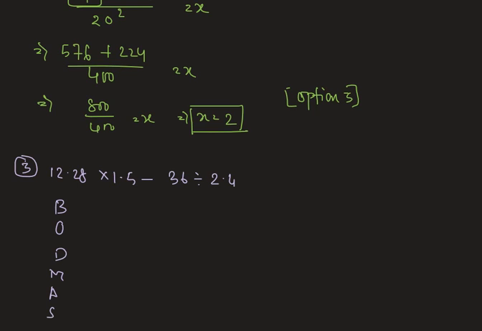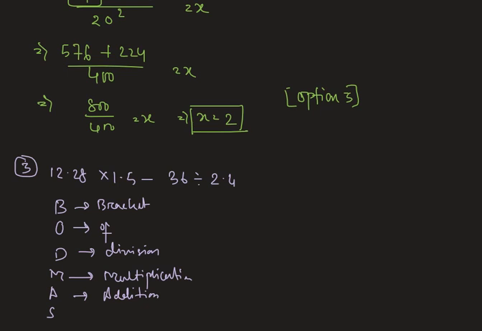BODMAS, where B implies bracket, O means of, D means division, M multiplication, A addition, and lastly S subtraction.